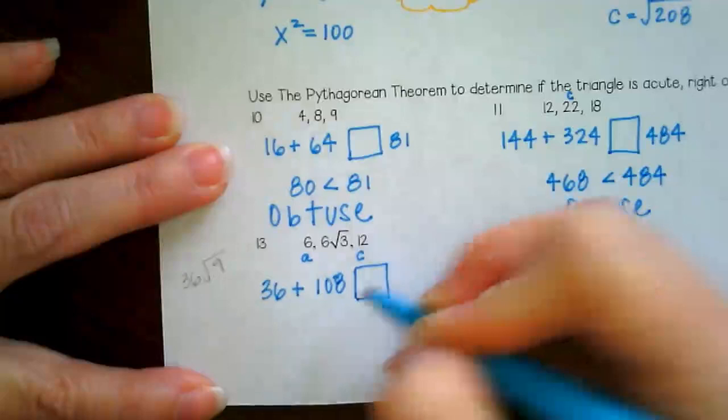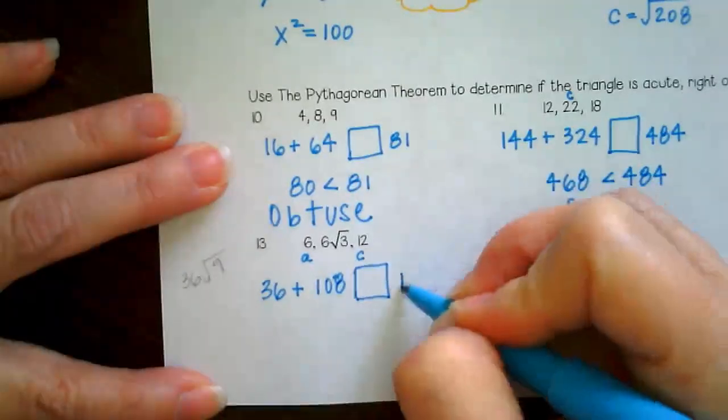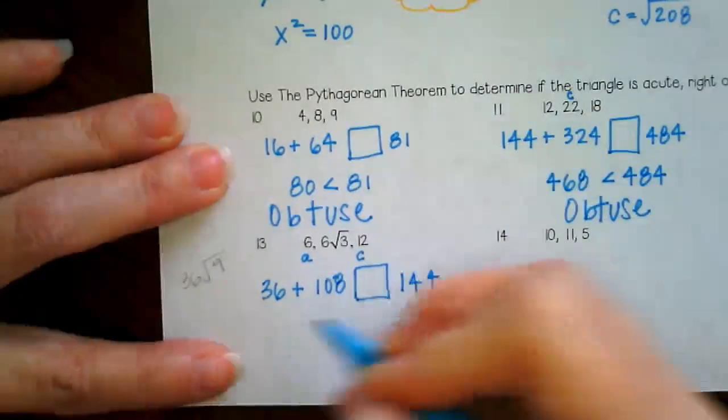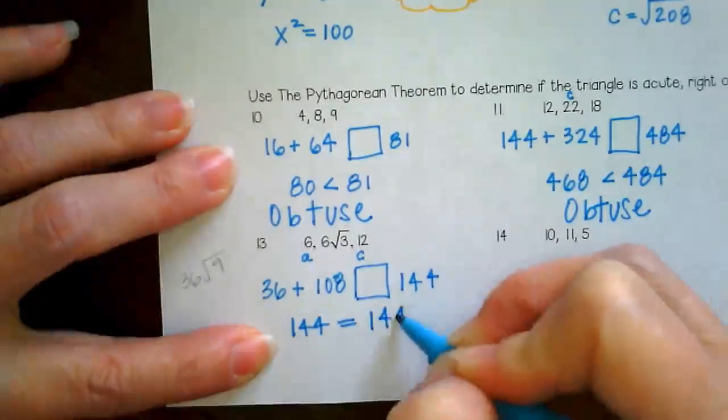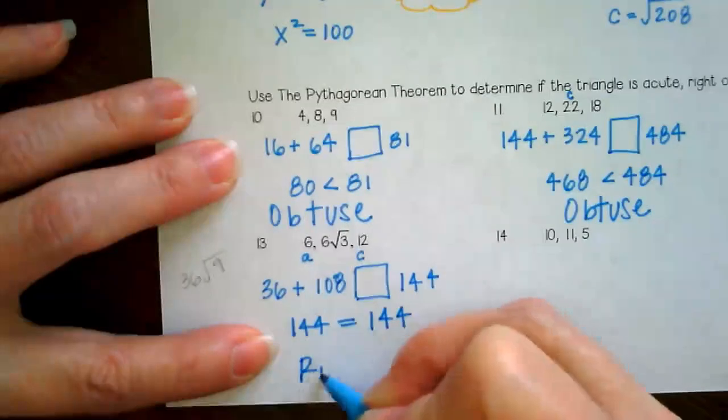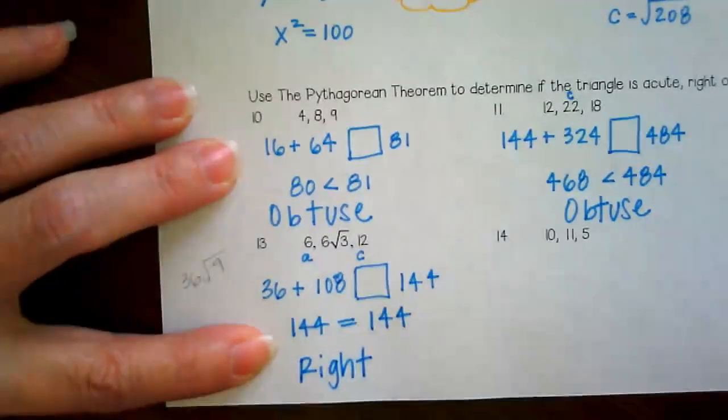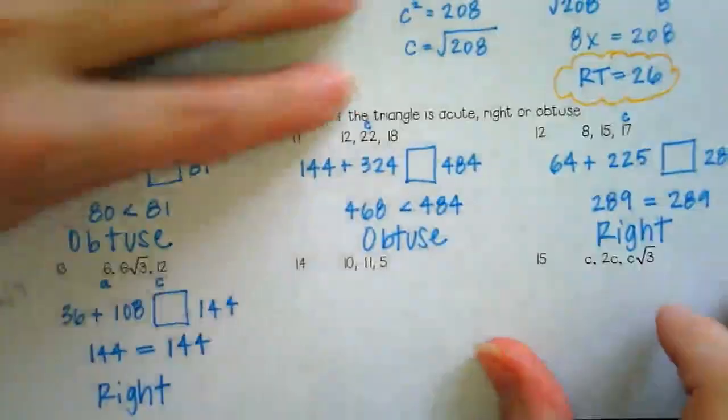And we want to see how that compares with c squared, which is 144. Well, we add this together and we get that they are equal, which makes this one a right triangle.